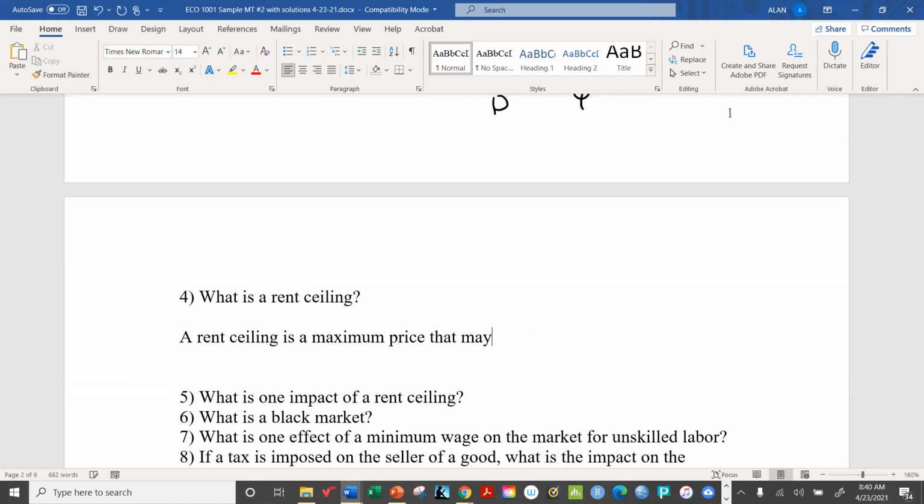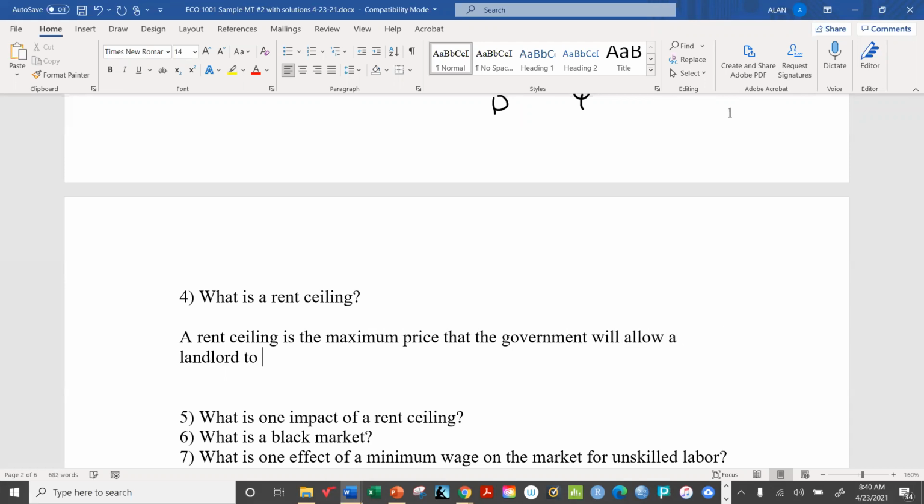I wasn't paying attention. For an apartment or a house. The maximum price the government will allow a landlord to charge. Rent, not price, rent. Although it is a price, it's the maximum rent that the government will allow landlords to charge for an apartment or a house.